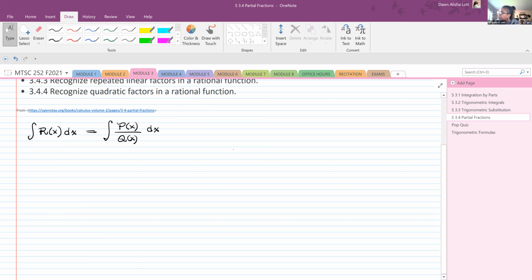So we want to be able to write this as the integral of some p of x plus a fractional part, let's say f1 of x, and maybe another fractional part, f2 of x, until we get to some fn of x, and we want to integrate that whole thing dx. Now that looks crazy, but this is actually fun. I've always liked partial fractions.